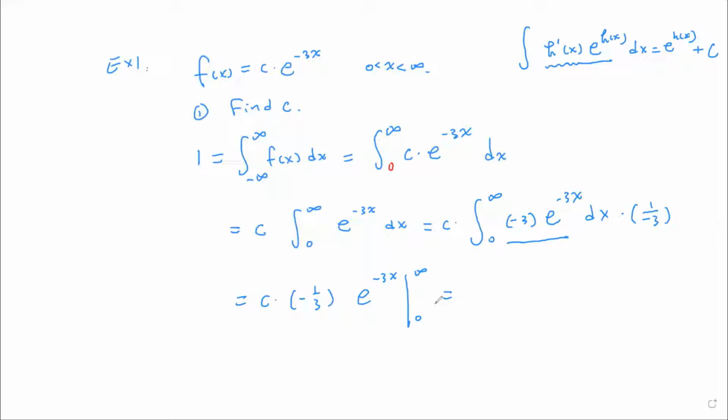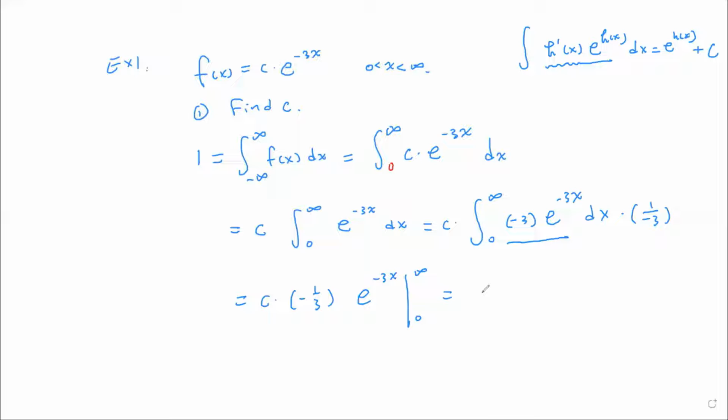When we do probability, you don't really need to use a dummy variable, let x be m and let m go to infinity. Just keep in mind that you're taking a limit when m goes to infinity, and we know e to the negative 3 times infinity is 0. That limit is 0.